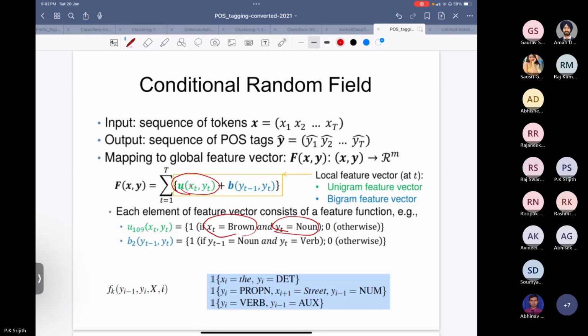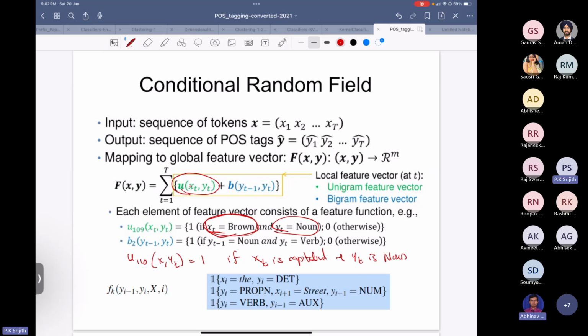So your feature can be something like that also. It need not be exactly xt is equal to some particular word brown and yt is equal to noun, but it could be something like this. You can have a feature f(xt, yt) that is going to be equal to 1 if xt is capitalized and yt is noun, and 0 otherwise.